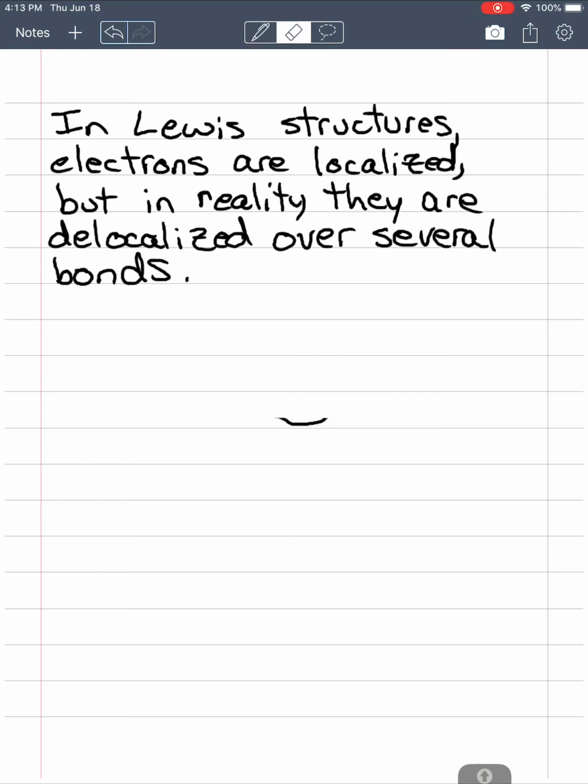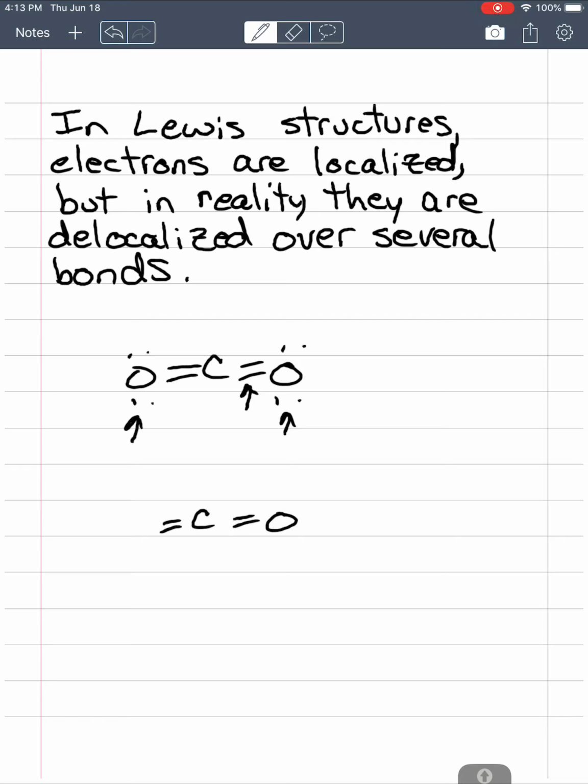So, for example, if I have carbon dioxide like this, it looks like I have a lot of electrons here and I have lone pairs here and here, but in reality, even though there are electrons in this bond, I kind of have electrons over the whole thing.